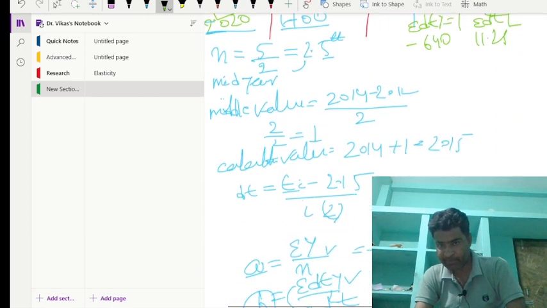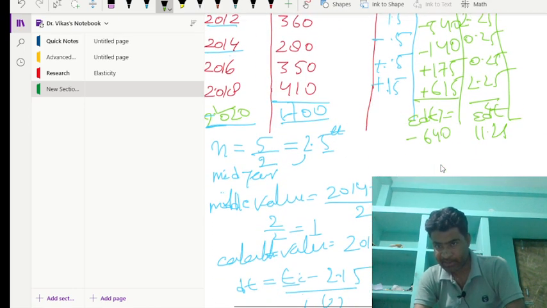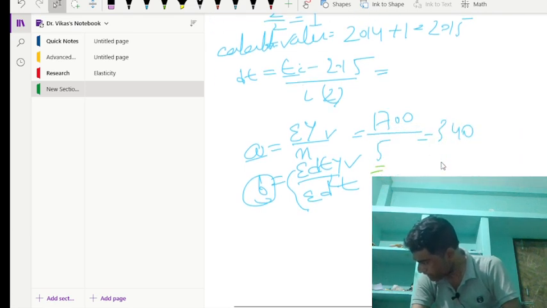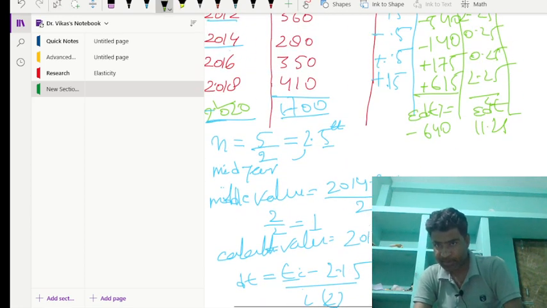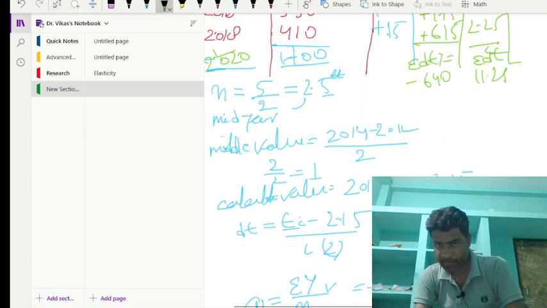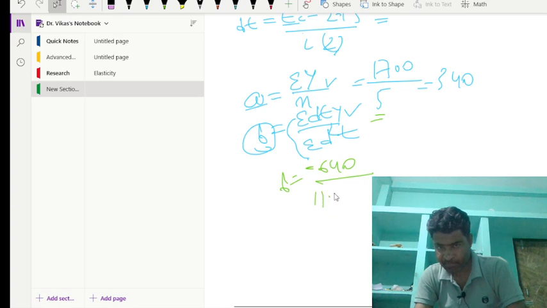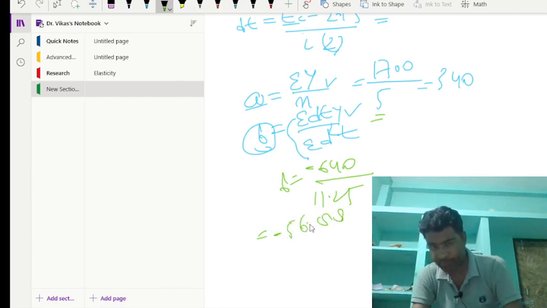By substituting these values in the formula, b is equal to sigma dty upon sigma d squared t, we will get minus 640 upon 11.25, we will get 56.88.